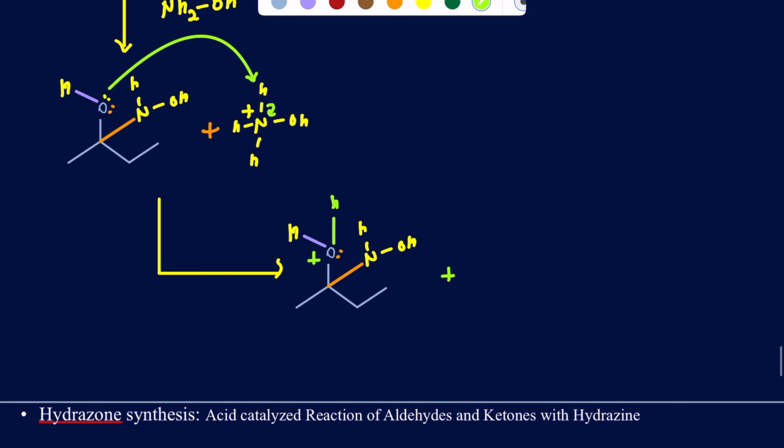That makes NH2OH back. And I can go ahead and get rid of this. I want to use this lone pair. Very similar mechanisms to the rest of them. And then this gets knocked out.